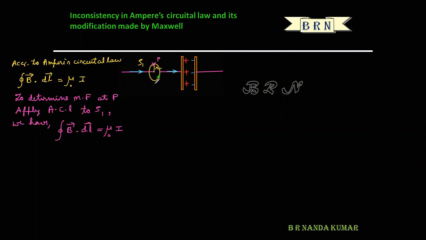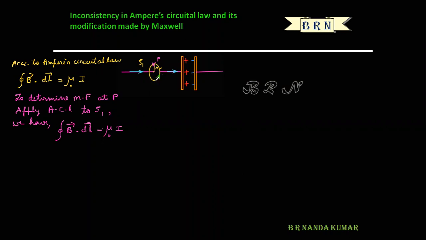And what is the direction of the dl vector? The dl vector at each and every point on this loop is tangential. Even the magnetic field is also tangential. How do you find the direction of magnetic field at any point on the loop?